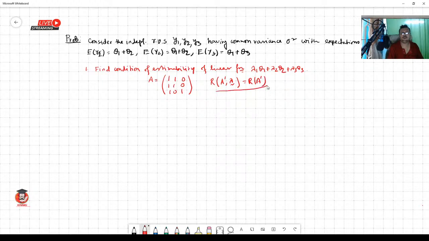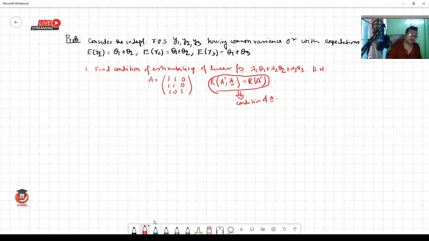Then from this equation find the conditions on lambda. So please do it yourself. This is your homework. Or you can find it another way.